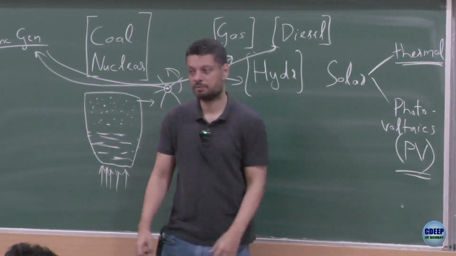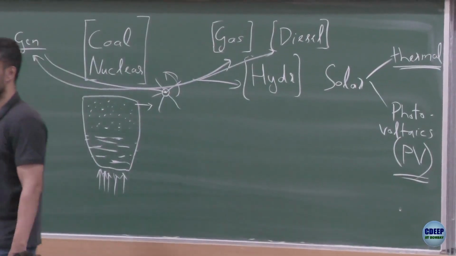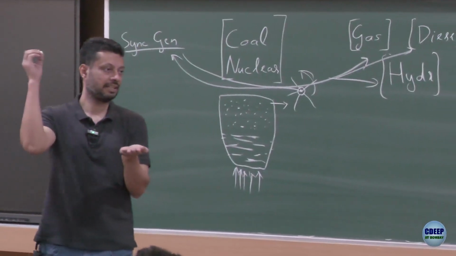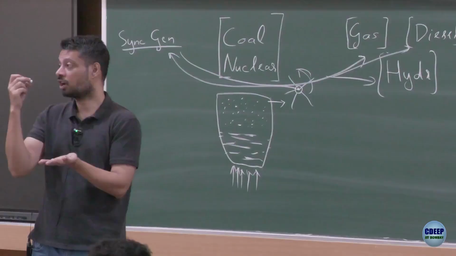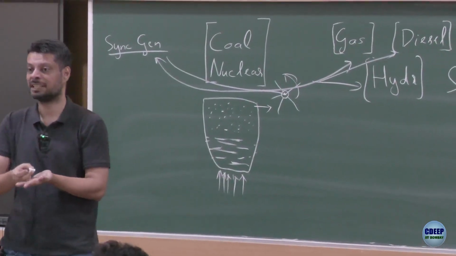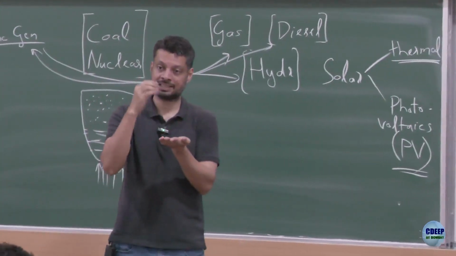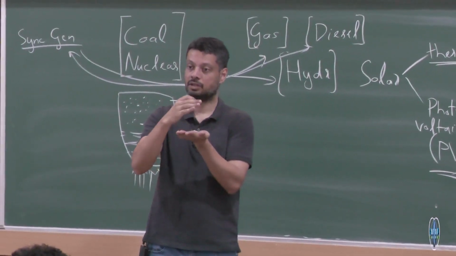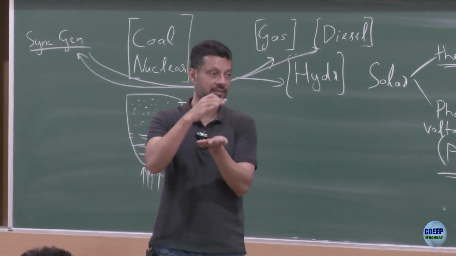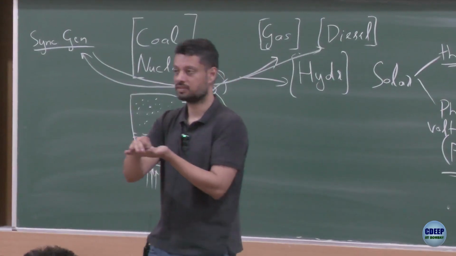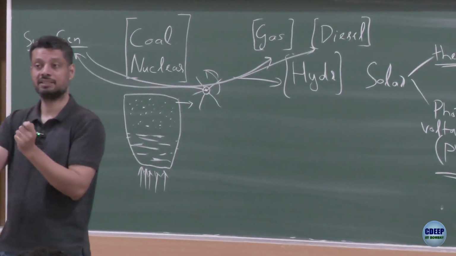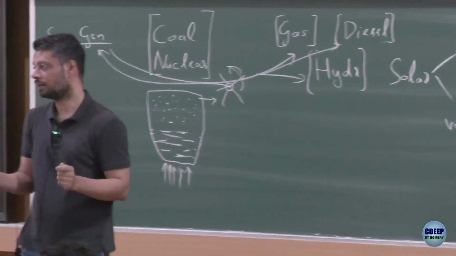So what happens in solar photovoltaics? In solar photovoltaics, you have a solar cell where there is light. It's not the heat which is there in the sunlight, but it is the energy particles, right, which excite electrons and holes and create an electron-hole pair in this silicon cell, which leads to electricity, right. So there is no moving part.